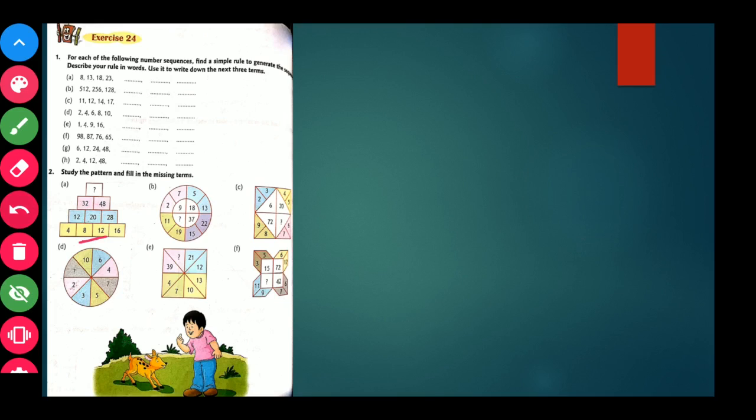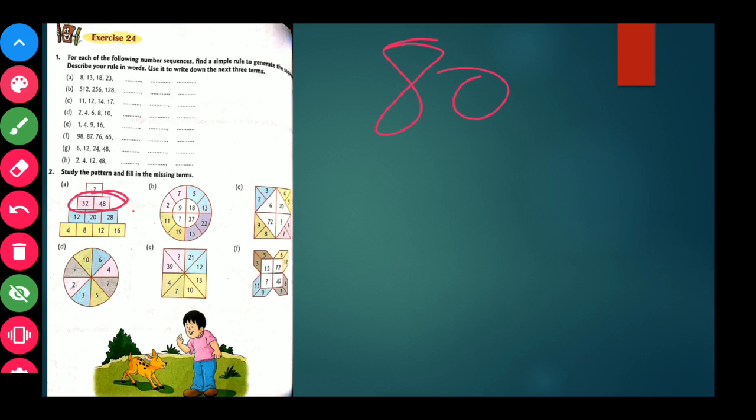And next when we add 12 and 16, we get the number 28. Now following this rule, see above 12 plus 20, we get this number 32. Similarly 20 plus 28, we get 48. So following this rule, we can add this 32 and 48 and we get the answer as 80.